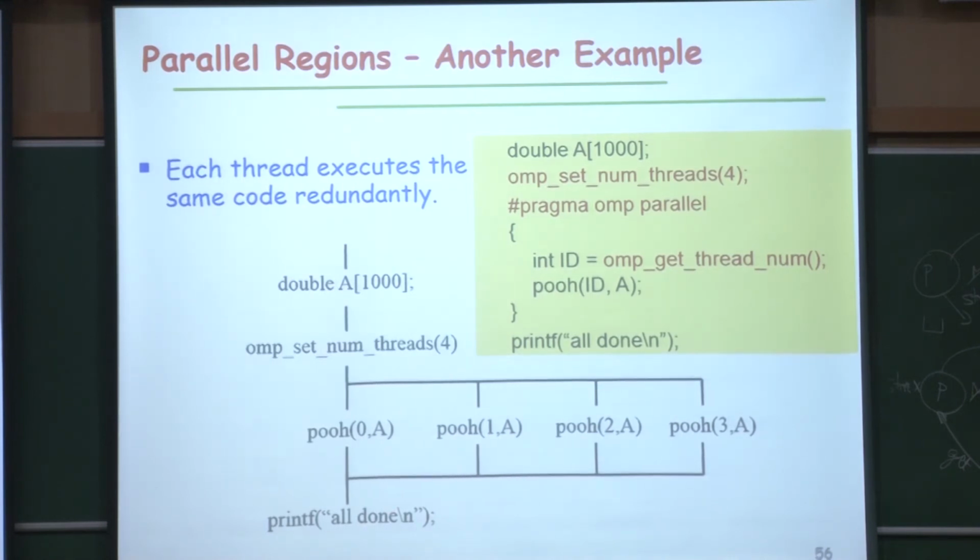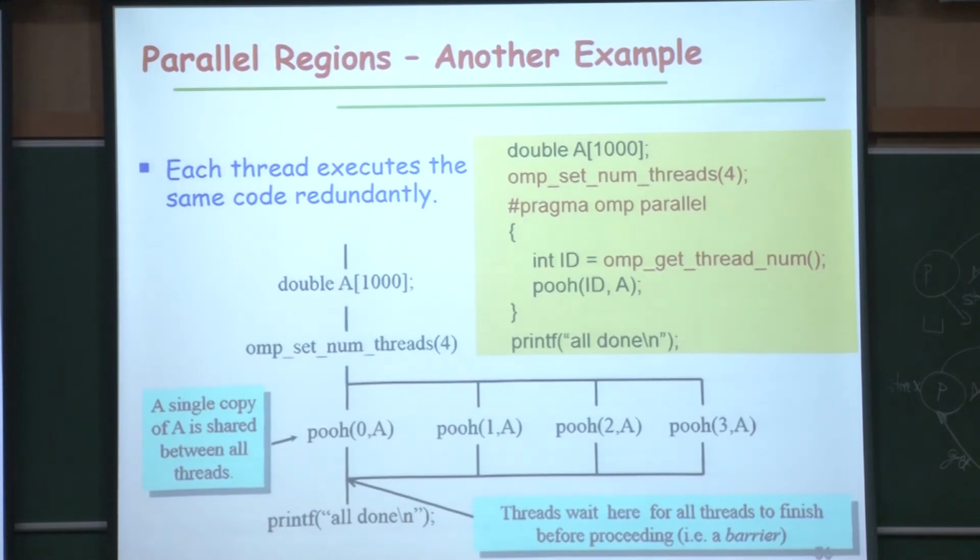In a sequential consistency model, they will all be visible. In some other relaxed consistency model also, they will all be visible because of this barrier synchronization. So, there is an implicit barrier. Whenever you do an OMP parallel, that structured block is forked, and this is the implicit join, and at the implicit join there is a barrier.